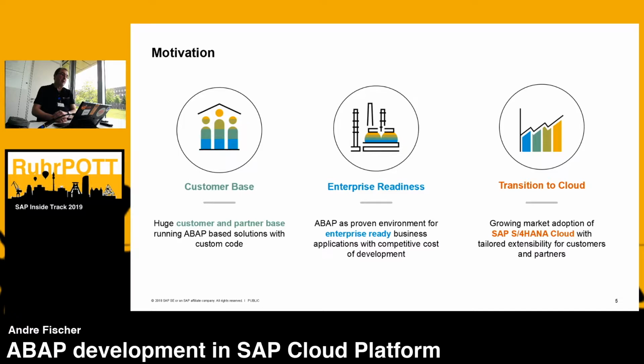So we know that ABAP is enterprise ready, so we use it in lots of installations, and therefore it's also very good. Underneath there is more or less a classic ABAP, but a streamlined ABAP, so it's stable. You can count on that this will work. On the other hand, we have SAP S/4HANA Cloud. That's our delivery for S/4HANA in the cloud.